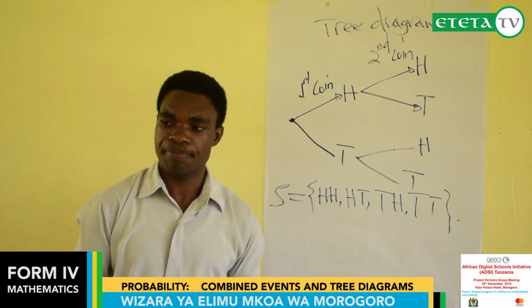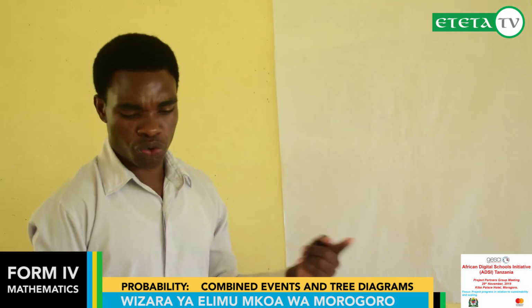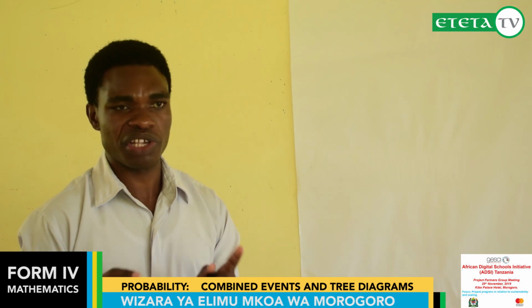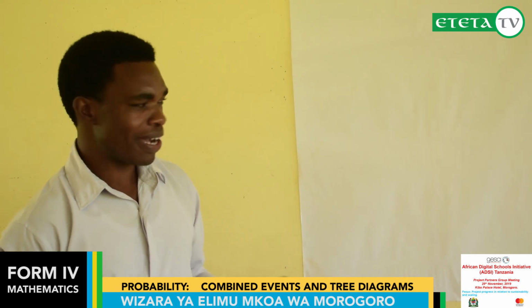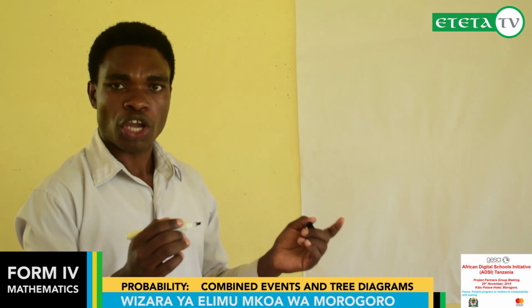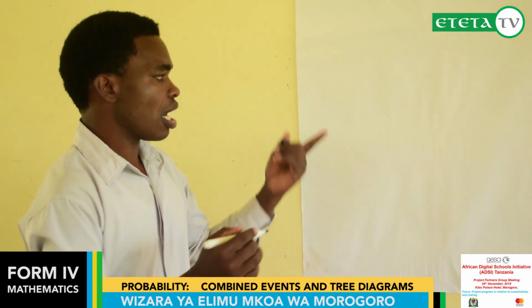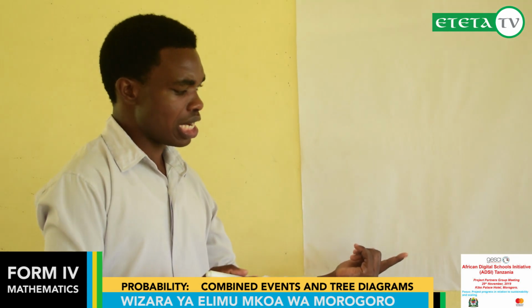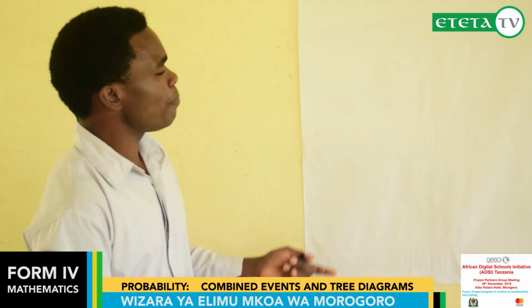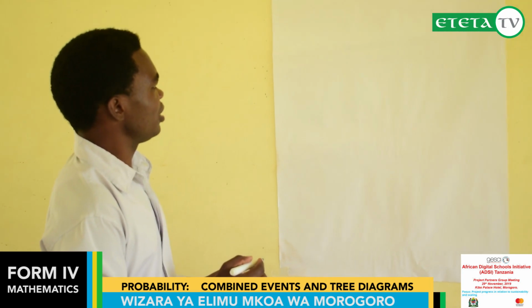This is the case for the sample space. As in the first approach, we said we can use a tree diagram, and that is the preferred one. But we can also have another way of finding the sample space and sometimes the events. In this other approach, we normally use the table of combinations.